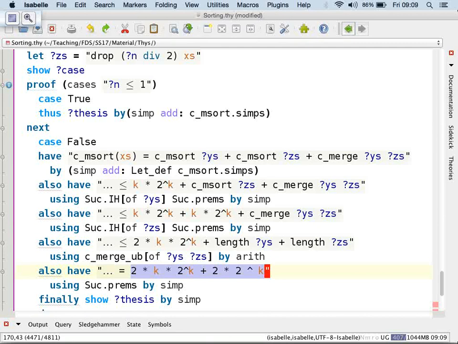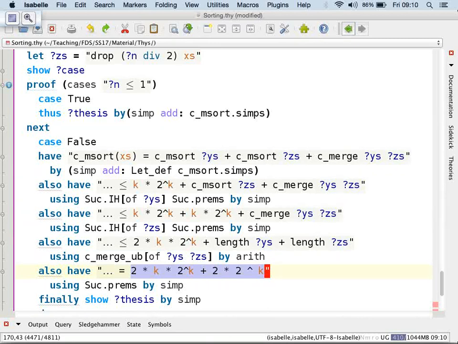Well, because we want to prove in the end that the comparisons of merge sort for xs is less than or equal to, now xs has length 2 to the k plus 1, so it's supposed to be k plus 1 times 2 to the k plus 1.